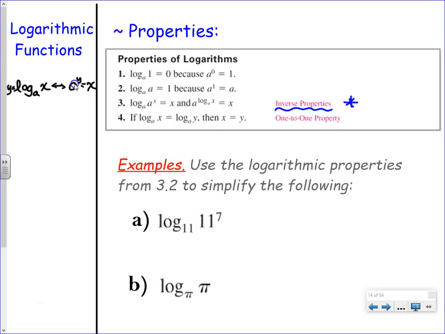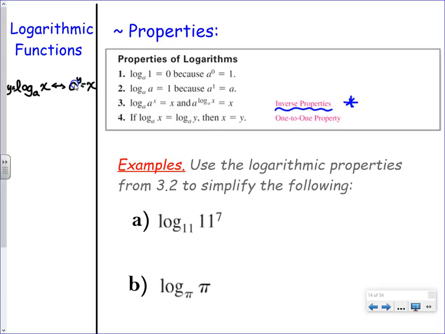And what I mean by undo, what are some other common inverses? Oh, hey, square root squared. What happens? They undo each other, right? What happens with addition and subtraction? They undo each other, right? As long as it's of the same quantity.